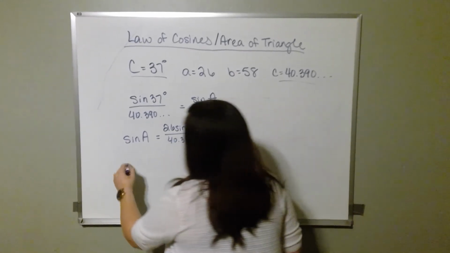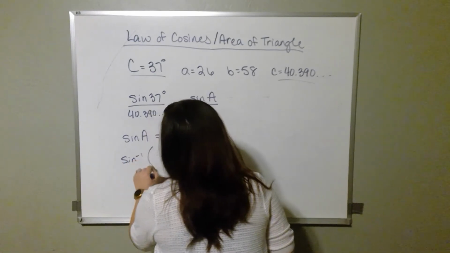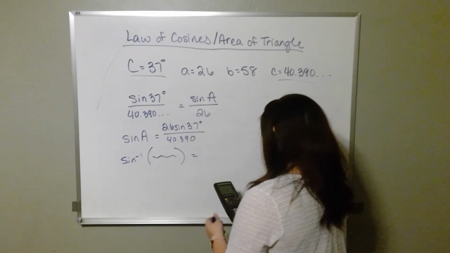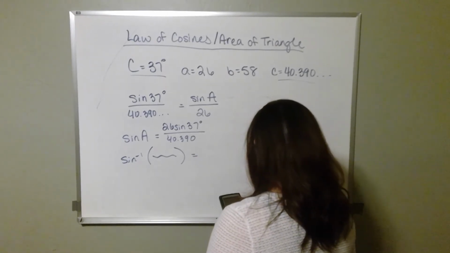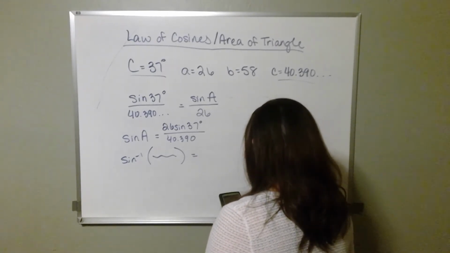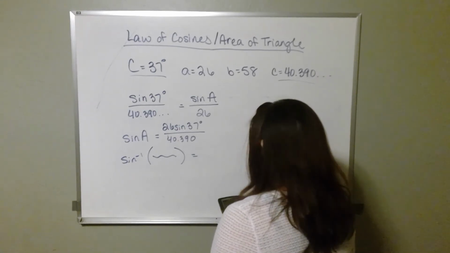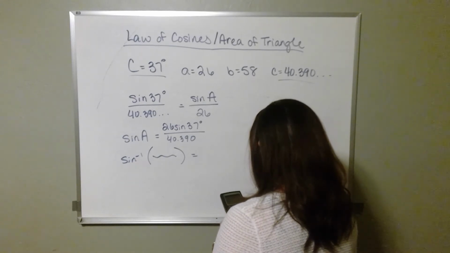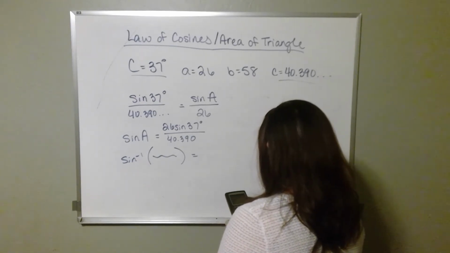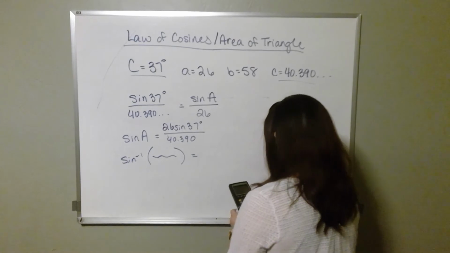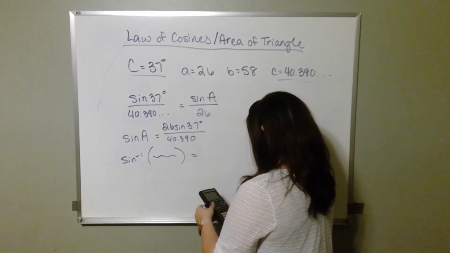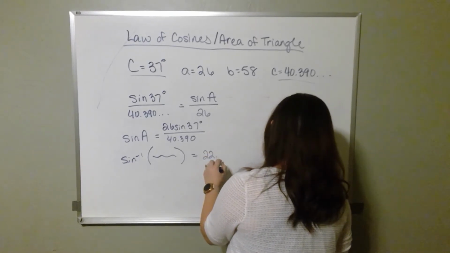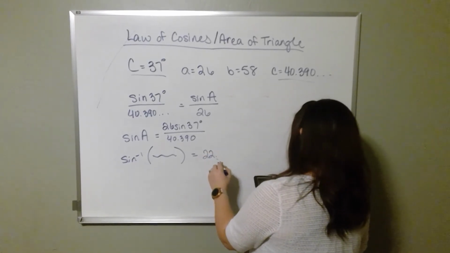Remember to do the inverse sine to get A. So the inverse sine of that is going to give me A. So let me find out what that is. All right, so I've got 26 sine 37 divided by 40.39546. I'm going to take the inverse sine of that. So for A, I get 22 point, let's call it 793.